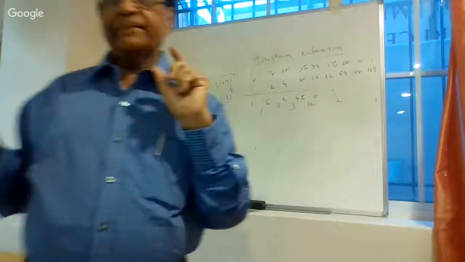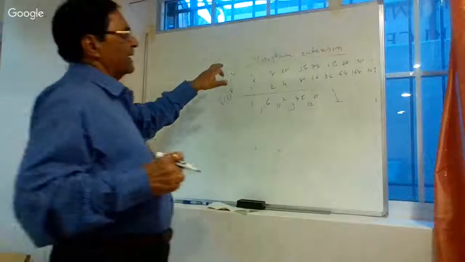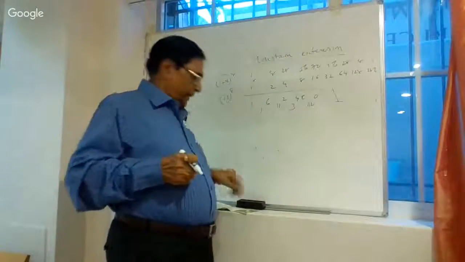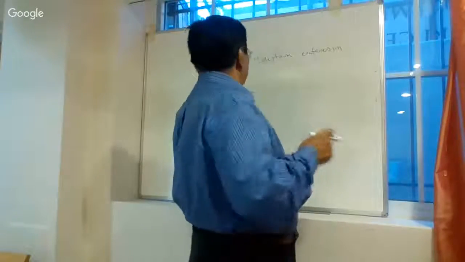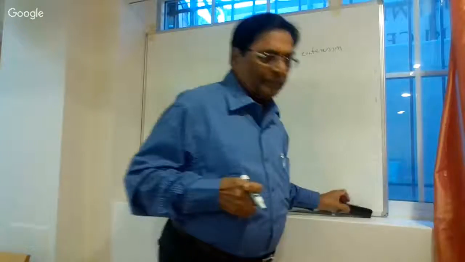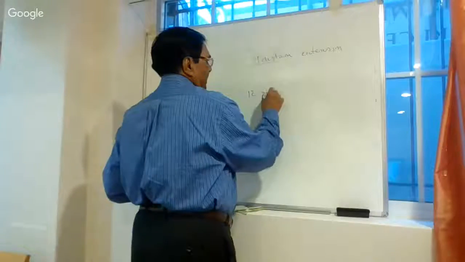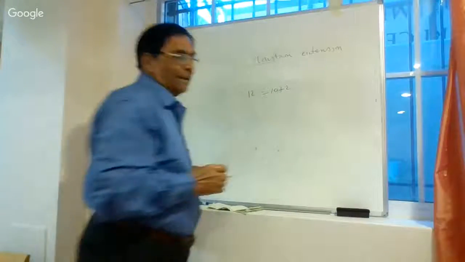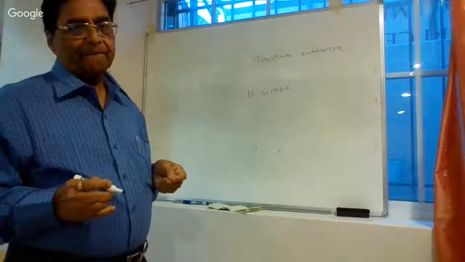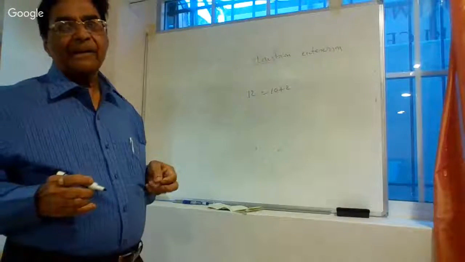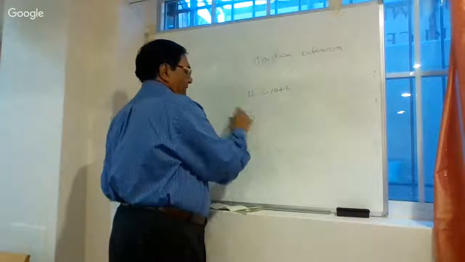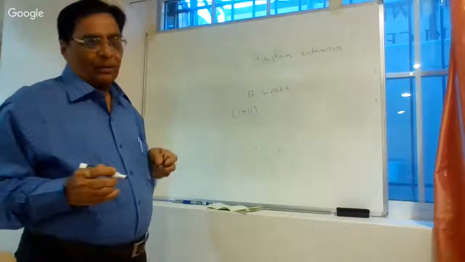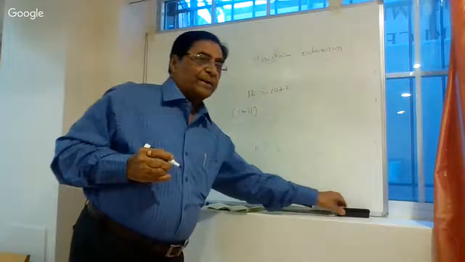What I want to draw attention to is that this binomial expansion will be helpful. In fact, I take you back. So you did 12 as 1 plus 2? No, 12 is 10 plus 2. I thought you would do 1 plus 11 raised to 8. But the base should be remembered, no?